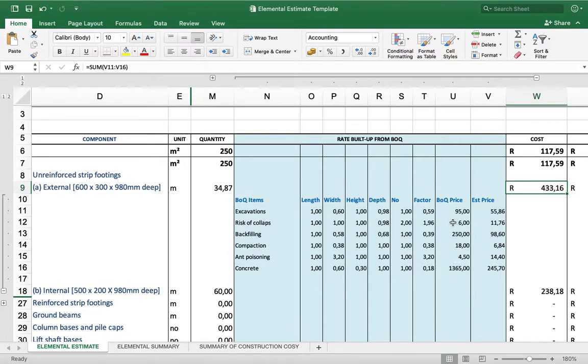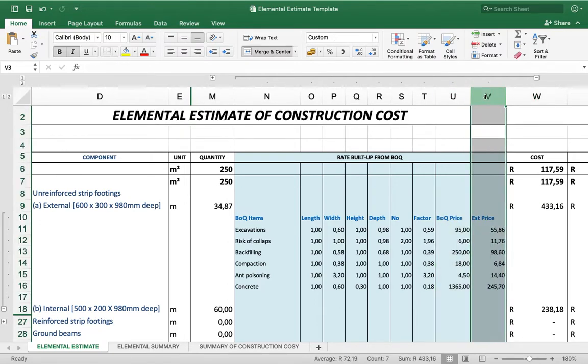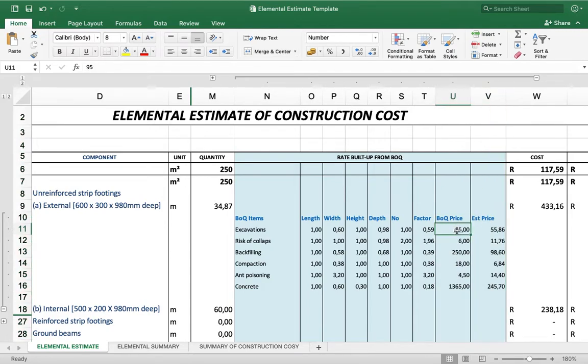So the best way, I would say, just to add another column maybe between your bill price and your estimate price, and that is an escalation factor maybe. So you can multiply your bill of quantities rate with your factor and multiply it with another factor to get your estimate price.